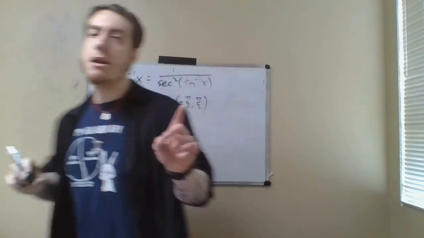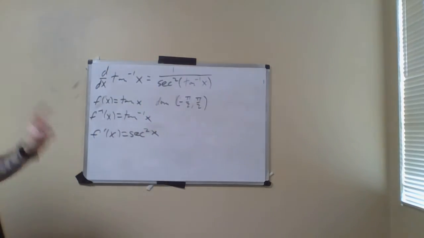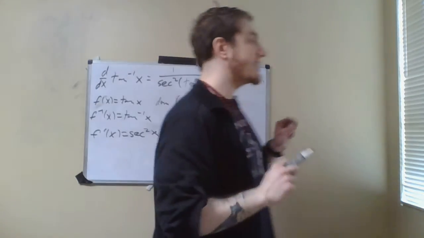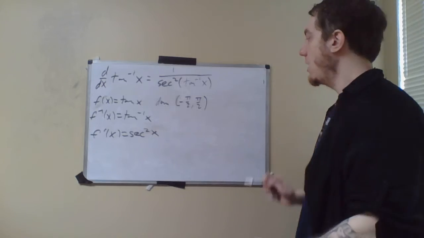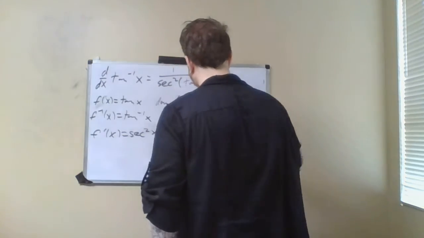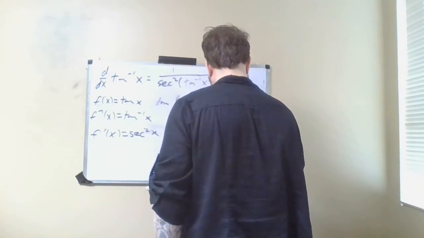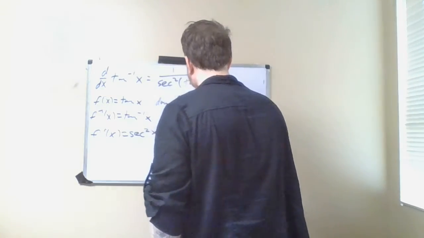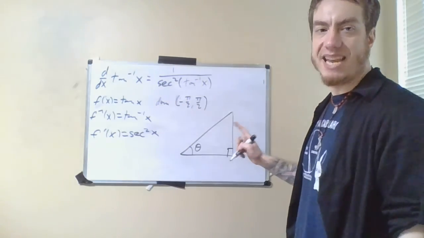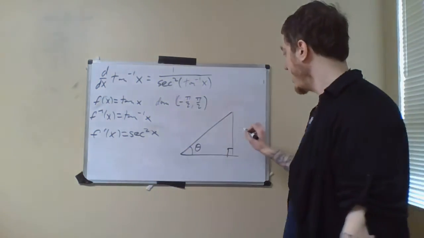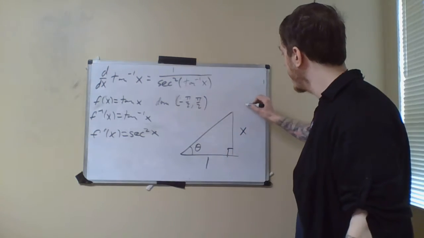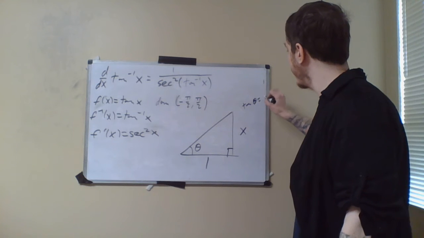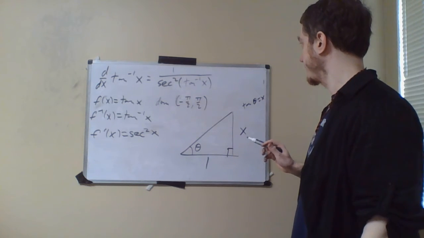We can write this in a nicer way, because we can evaluate secant at tangent inverse x. Why? Well, draw a right triangle with an angle theta where the tangent of theta is equal to x. Tangent is opposite over adjacent, so if I put an x and a 1 here, then tangent theta is equal to x.